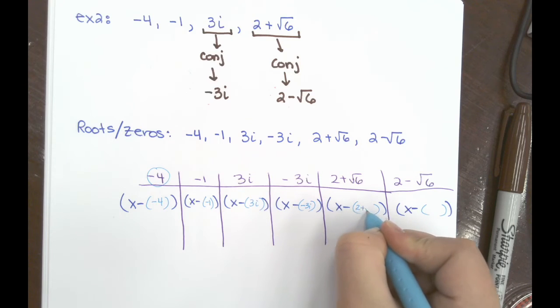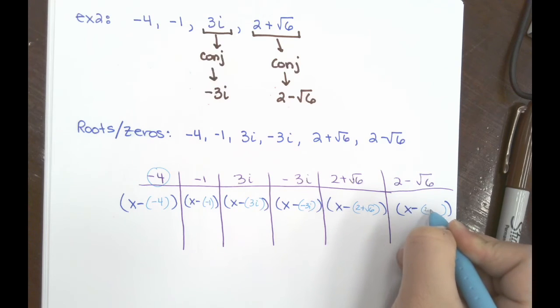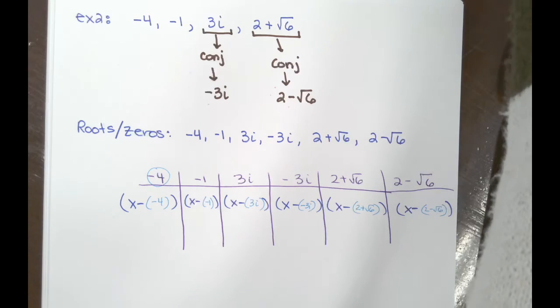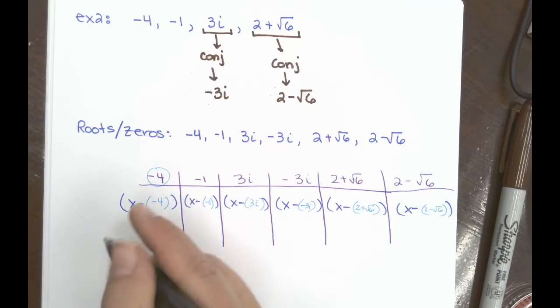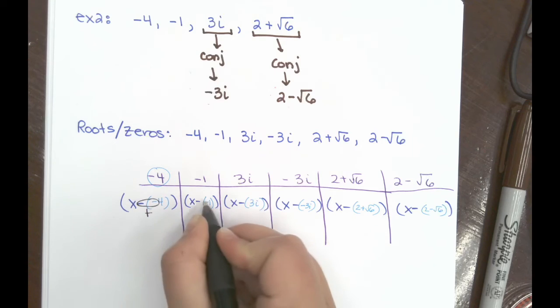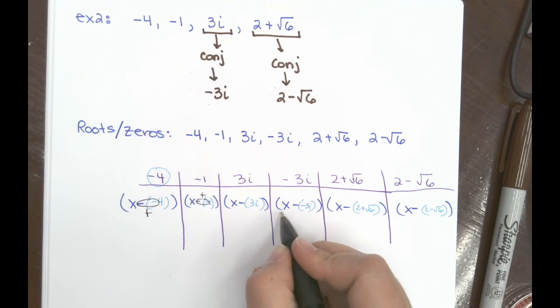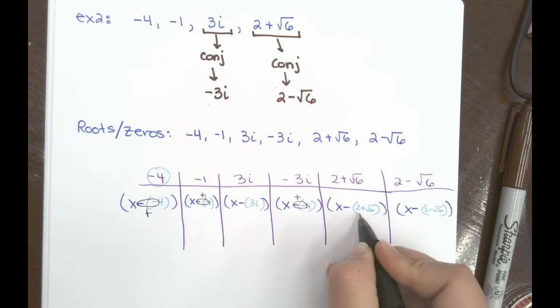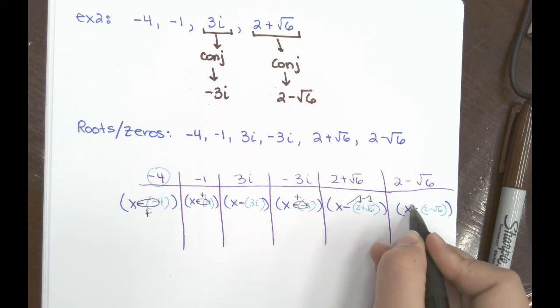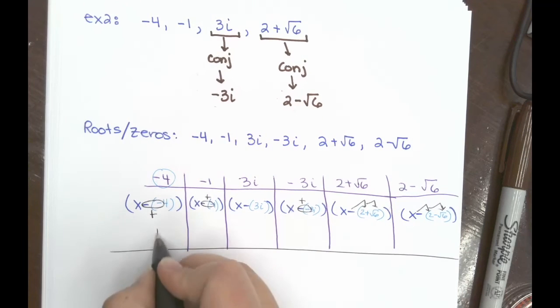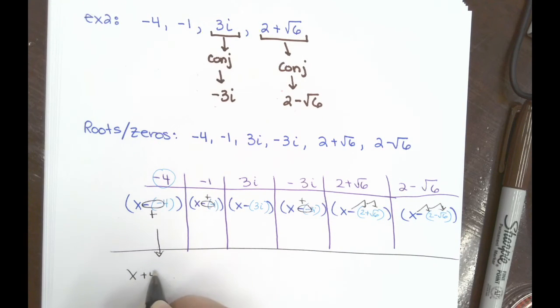Now parentheses are important because otherwise you're going to forget to distribute that negative when you need to. So let's go ahead and continue. We got 2 negatives make a positive, 2 negatives make a positive. This one is just a minus. This one's 2 negatives make a positive. This one needs to be distributed. Okay, so let's go ahead and bring stuff down. So we got an x plus 4.